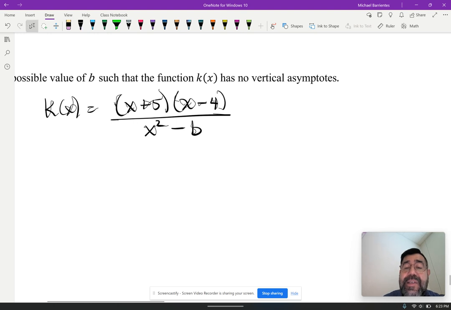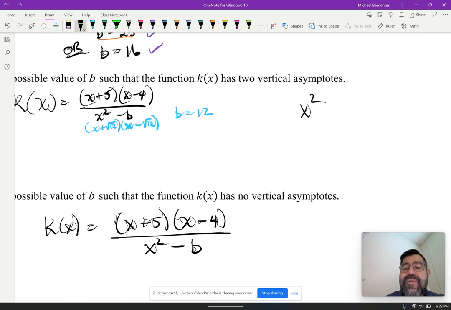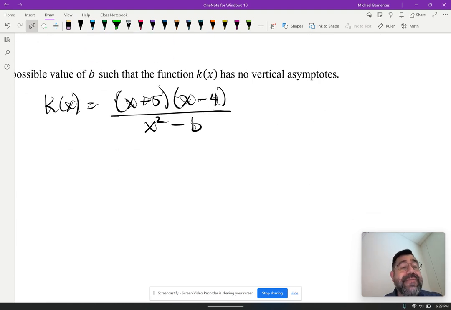Because the whole idea is, like the example where b was 100, that was because we could do this, and one of those, I would get two answers that would give me 0. But here, what kind of b value would never produce 0 in the denominator?